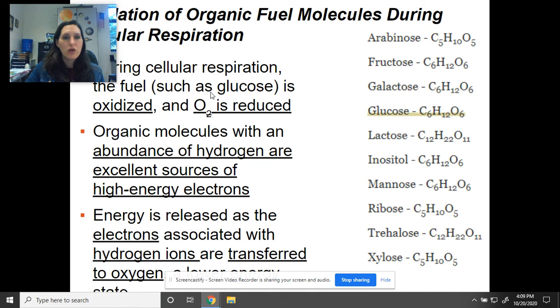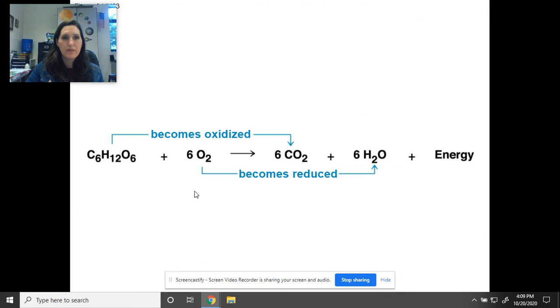All right. Glucose is oxidized and oxygen is reduced. Organic molecules with an abundance of hydrogen are excellent sources of high energy electrons. Okay, this is what we need to memorize. Glucose becomes oxidized into carbon dioxide.